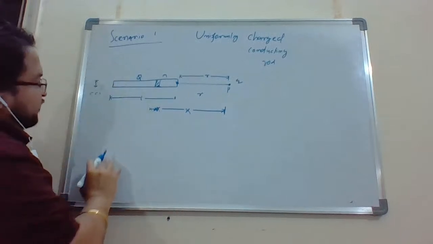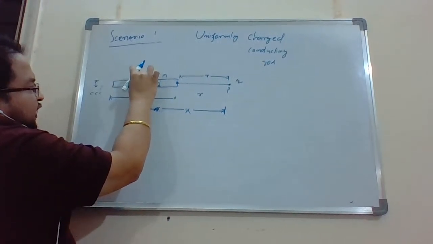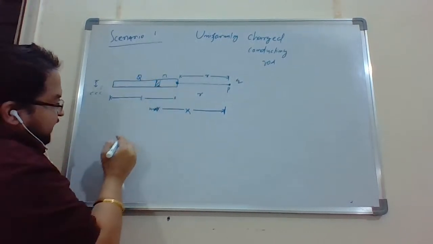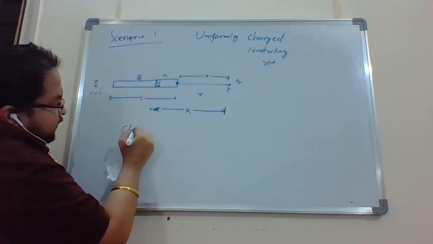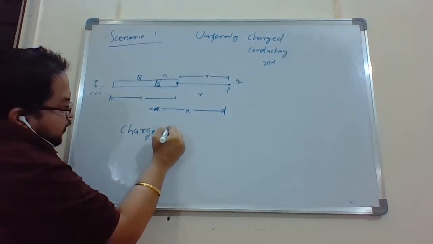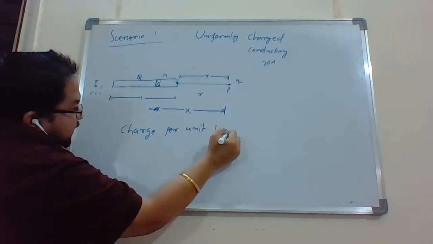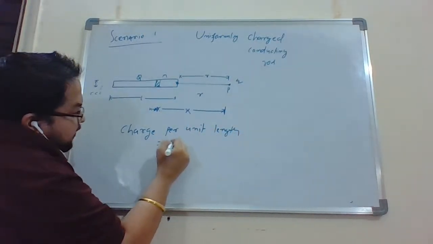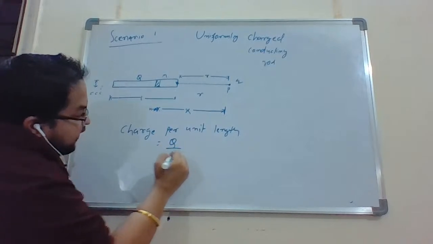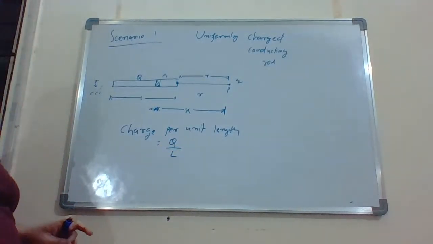So the rest part is, if total charge is Q and this length is L, can I say that charge per unit length will be Q by L, right?